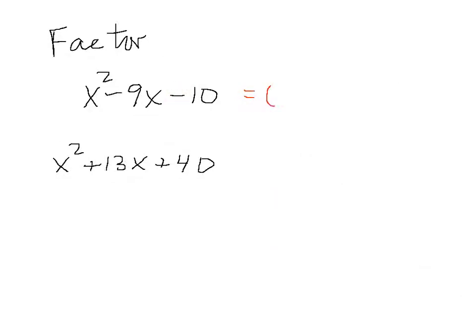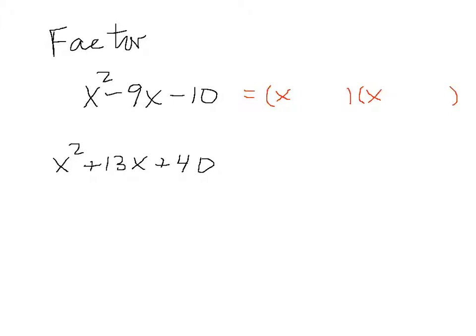To get x squared, I need x and x. Now I want to get a minus 10. There aren't a lot of possibilities: 1 and 10, either plus 1 minus 10 or minus 1 plus 10, or the same thing with 2 and 5. But the trick is I want to get somehow a minus 9x.